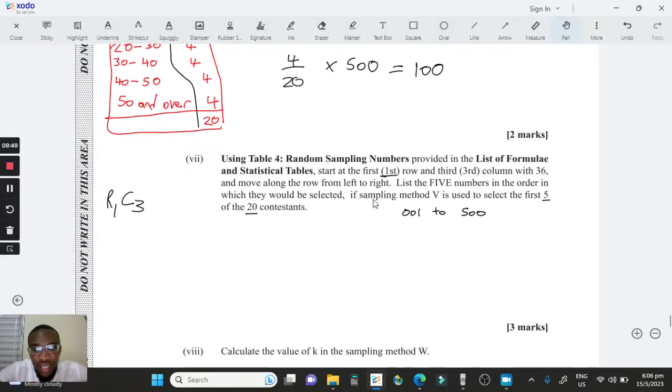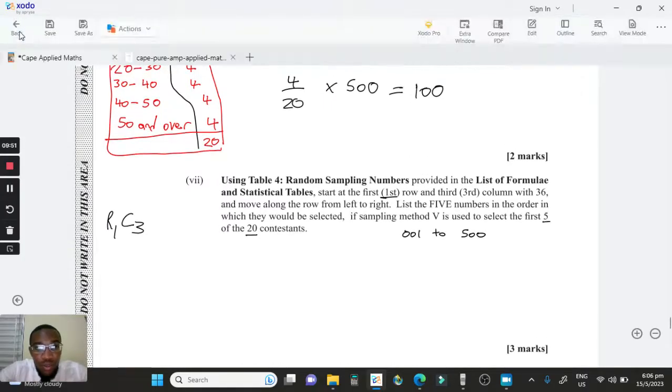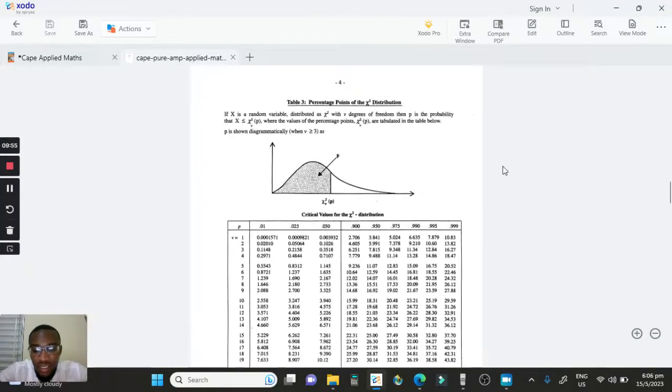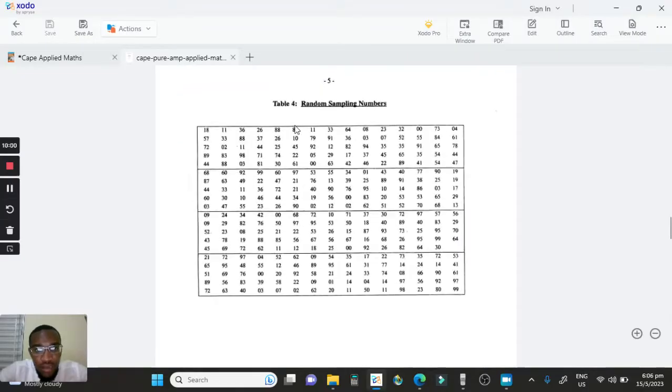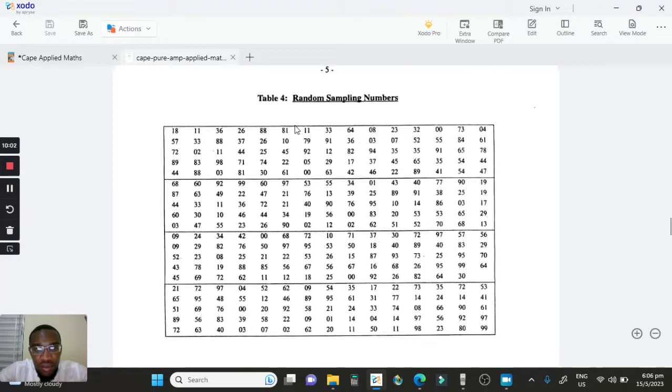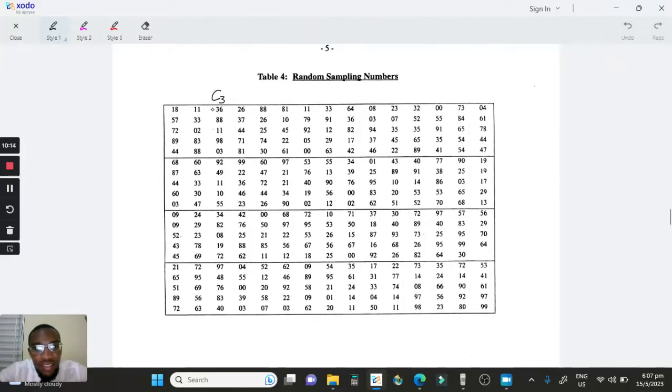So starting with row 1, column 3, we go to our random number table. They said row 1, column 3. So this is column 3, and this is row 1. This 36 is the number we're starting with.